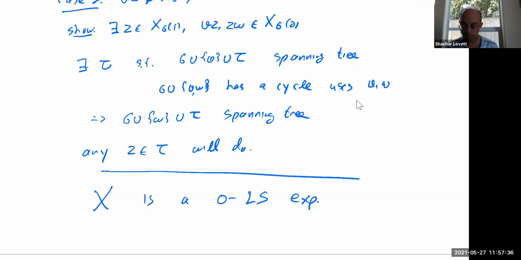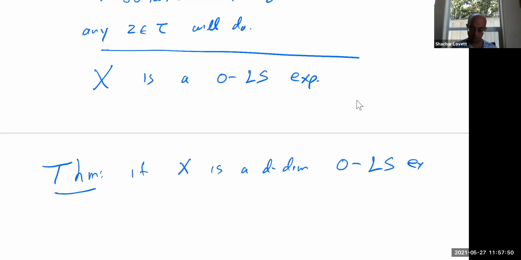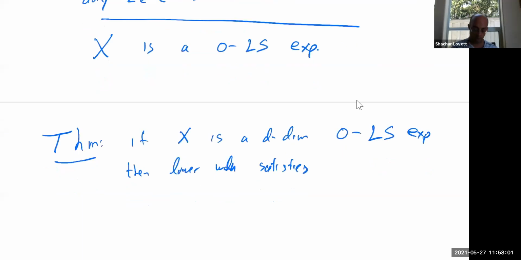Here's the theorem we're going to prove: if X is a d-dimensional zero local spectral expander, then the lower walk, which goes down from D and up from D minus 1, has second eigenvalue bounded away from 1, by 1 minus 1 over D. So it's bounded away from 1.